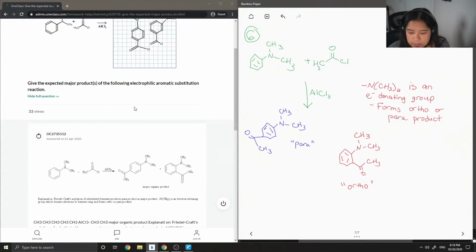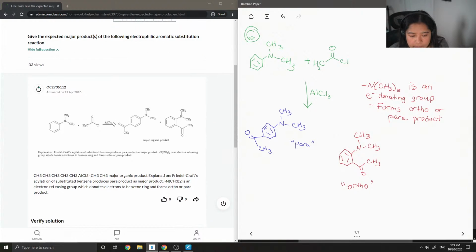Let's check out the answer from our junior tutor. They got the same products, and they said the Friedel-Crafts acylation of substituted benzene produces para product as the major product.